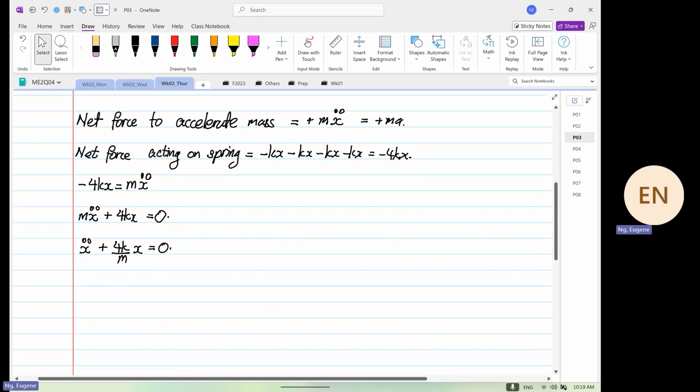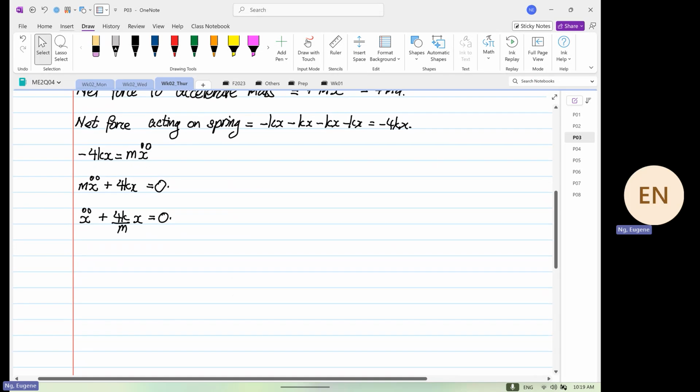And then finally, we know that the question asks what is the natural frequency. Omega n is equal to the square root of 4k over m. Okay.